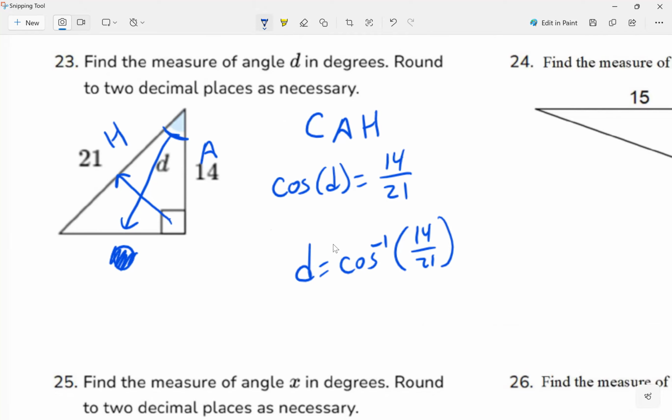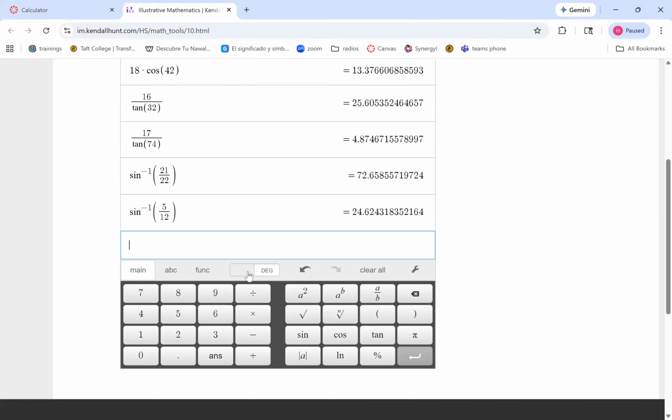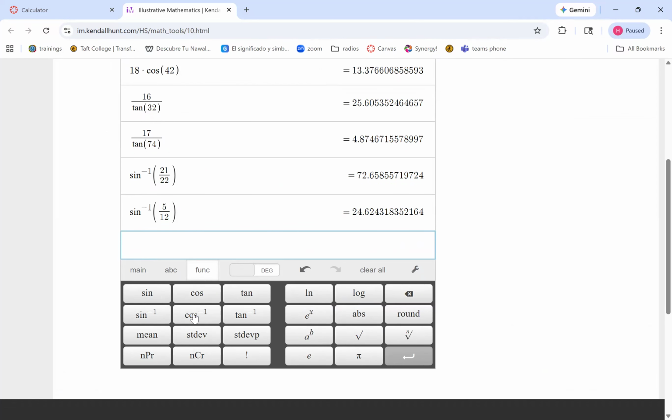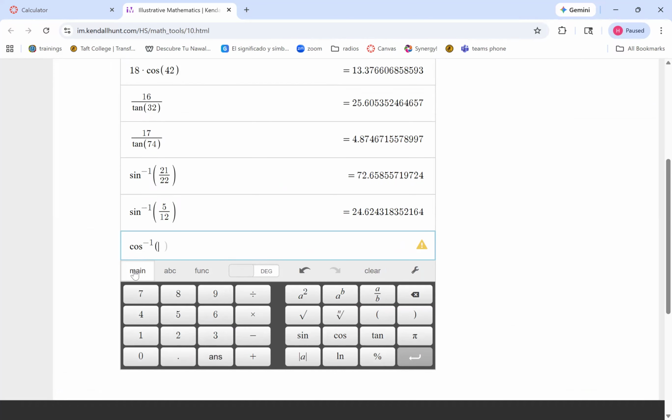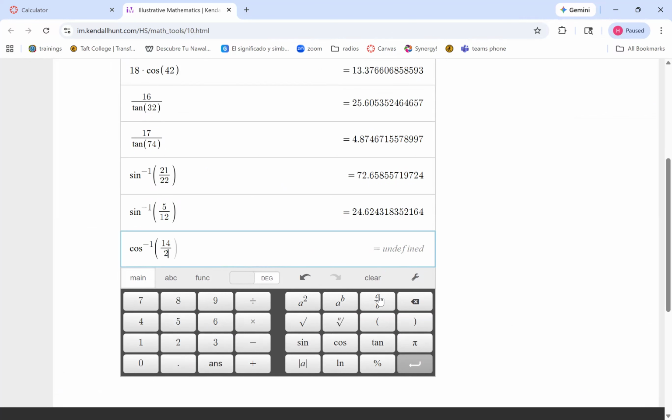Let me take a look. Still in degrees, so that's important. I go function, cosine inverse, come back to the main, and in here I'm going to go 14 over 21.